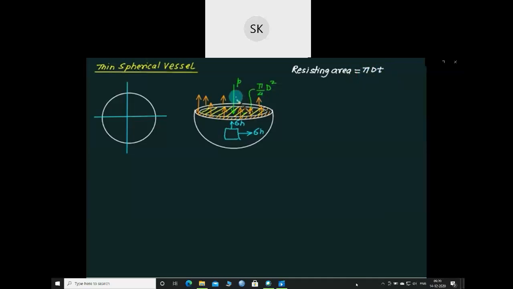So this time we have the force balance, or we can say pressure force is equal to the strength of material resistance. That is, P multiplied by pi by 4 multiplied by d square is the same as sigma hoop stress multiplied by the resisting area, that is pi multiplied by d multiplied by t. You can solve this and you get hoop stress equal to P multiplied by d divided by 4t.